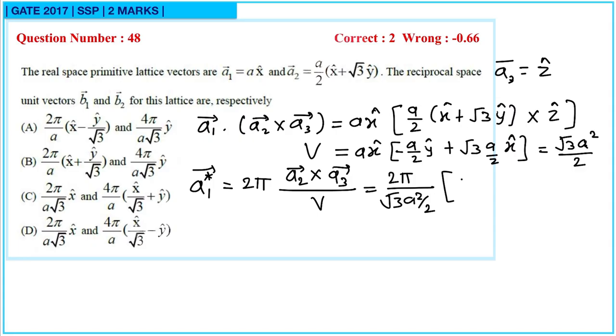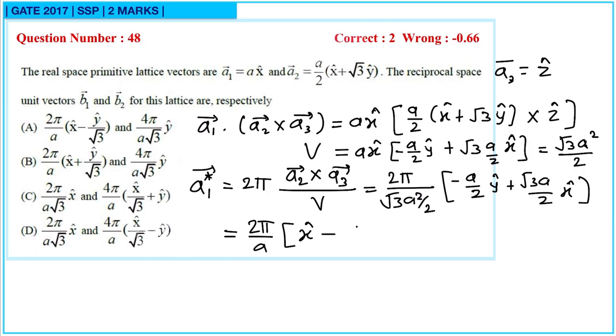So let us use that. So this will be minus A by 2 y cap plus root 3 A by 2 x cap. So if I keep 2 pi by A here, then in bracket we will have x cap, because this root 3 and root 3 will cancel out, minus 1 by root 3 into y cap. So that will be the value of A1 star.